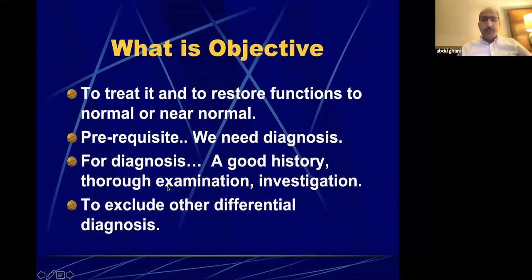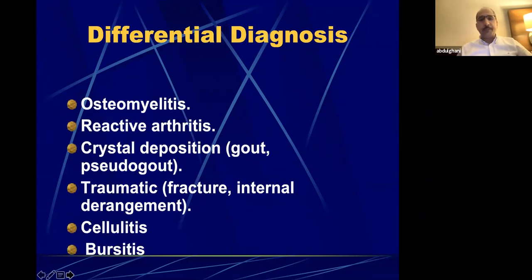What are the criteria for a good complete diagnosis? A complete diagnosis would not be possible without a good history, thorough examination, and of course the appropriate, relevant investigation. You also need to exclude other differential diagnoses so that you can directly diagnose septic arthritis and treat it accordingly.